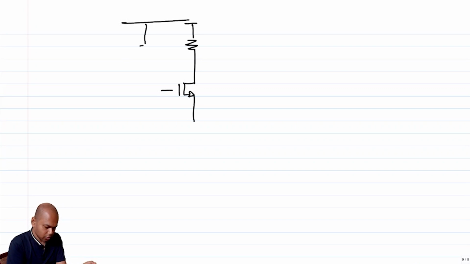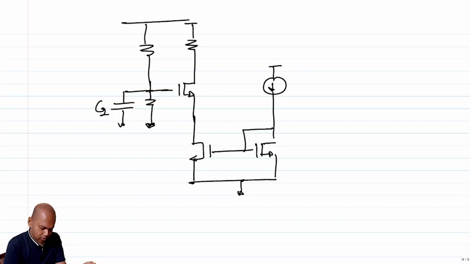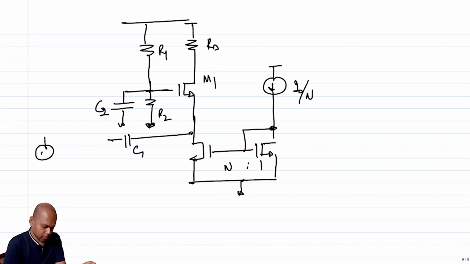We have this, then we have another capacitor C2 to ground, then maybe I naught over n, 1 is to n, this is M1, this is RD, R1, R2, C1, right?